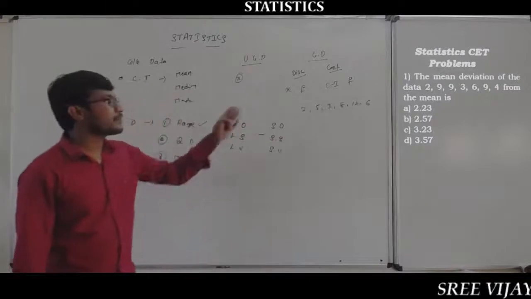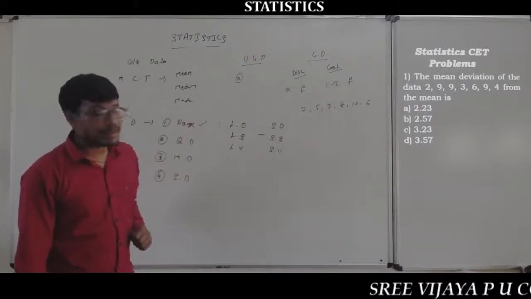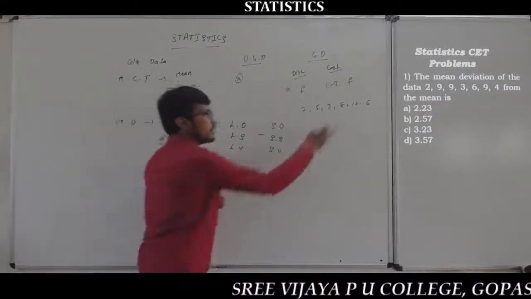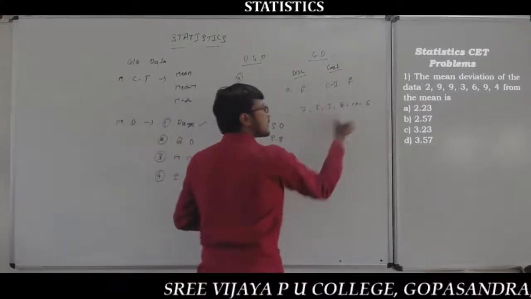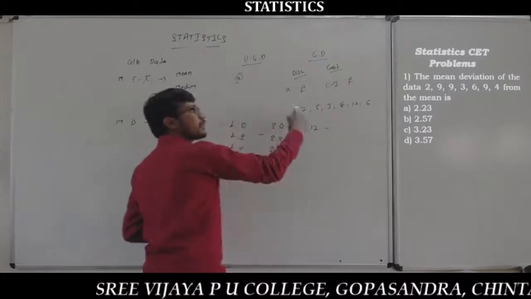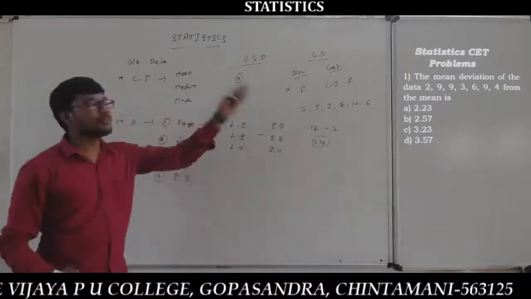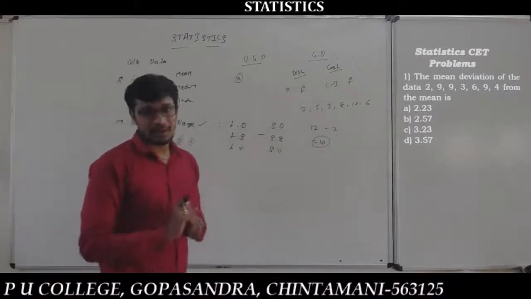These are the observations of the given data. In the given scores, the largest value is 12 and the smallest value is 2. So 12 minus 2 is 10. This is the range of the given distribution.